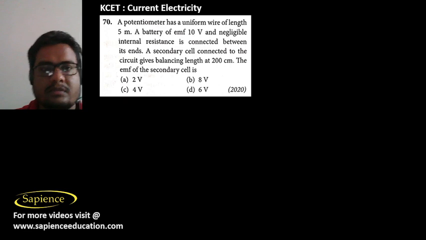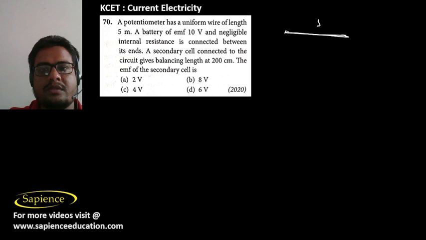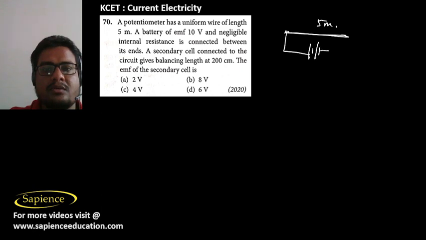Then question number 70 is told: a potentiometer has a uniform wire of length 5 meter. A battery of EMF 10 volt and of negligible internal resistance, that is, the internal resistance is 0, is connected between its ends.